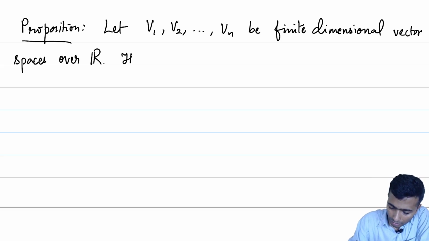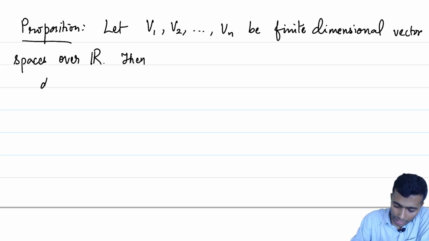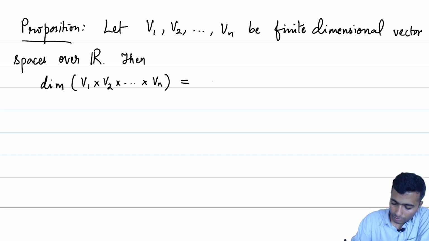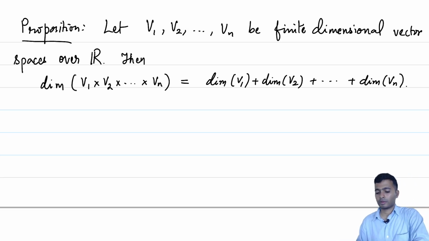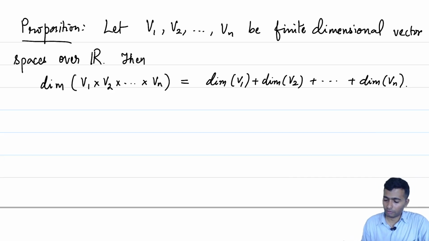So, then dimension of V1 cross V2 cross Vn is equal to dimension of V1 plus dimension of V2 plus dimension of Vn. Basically, the dimensions add up. Let us give a quick proof of this.